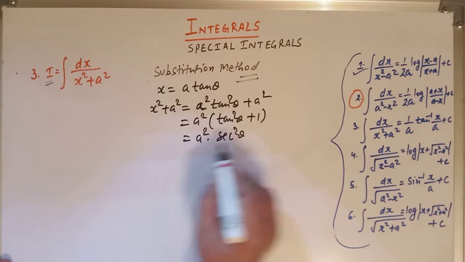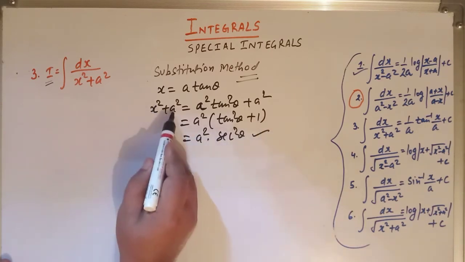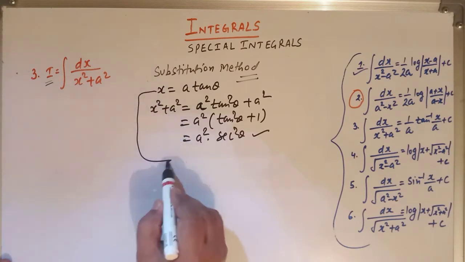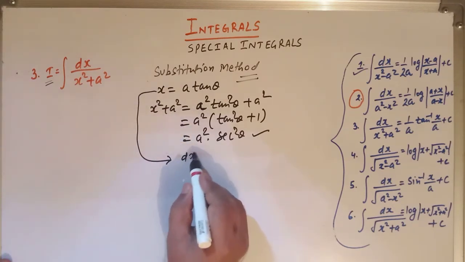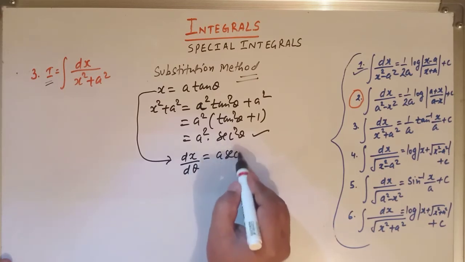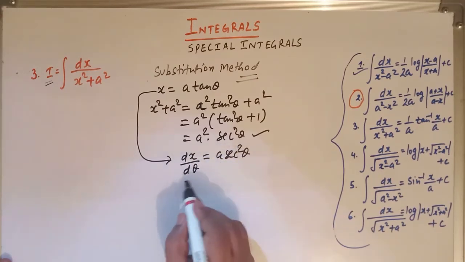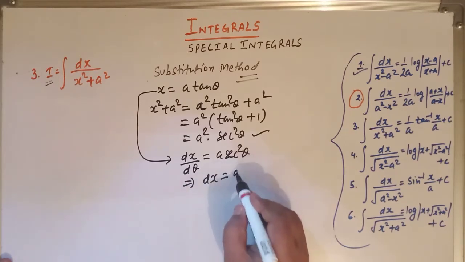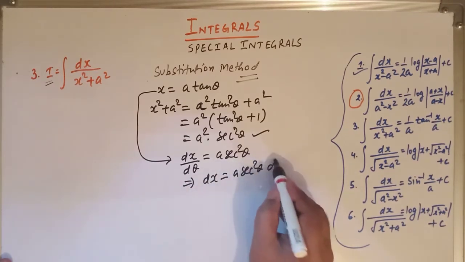Okay, so this is the value of x square plus a square. Now from here we also have dx over d theta as a sec square theta. Clear? So here we can write dx is equal to a sec square theta d theta.